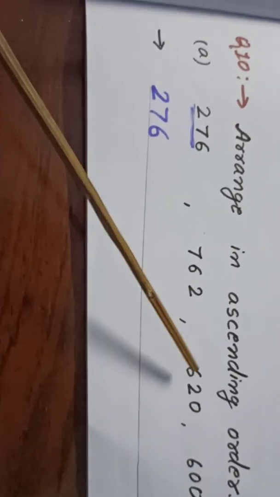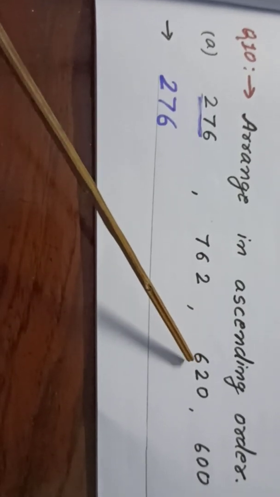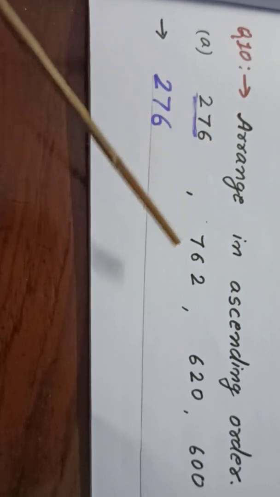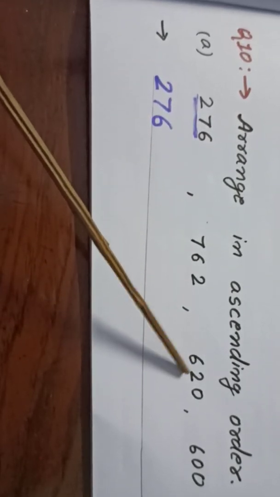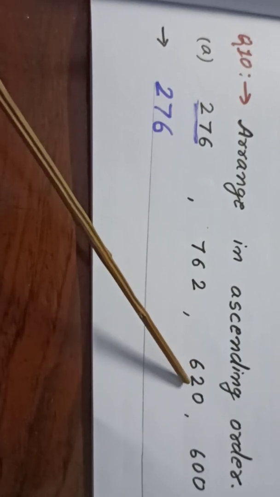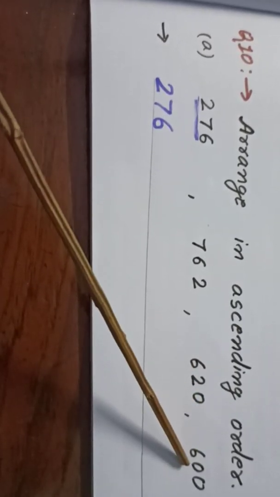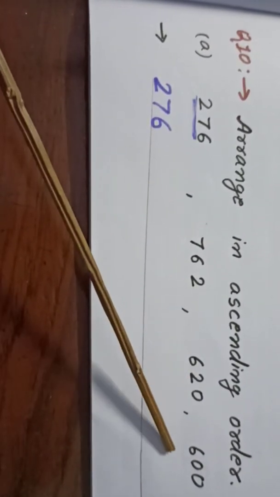But are you seeing, children, in the 100 place here is 6 and here is 6. It means both sides have the same number. So what do we do? We see the second digit, that is the tens place. So here is 2 and here is only 0. So can you tell me which number is smaller? 600.